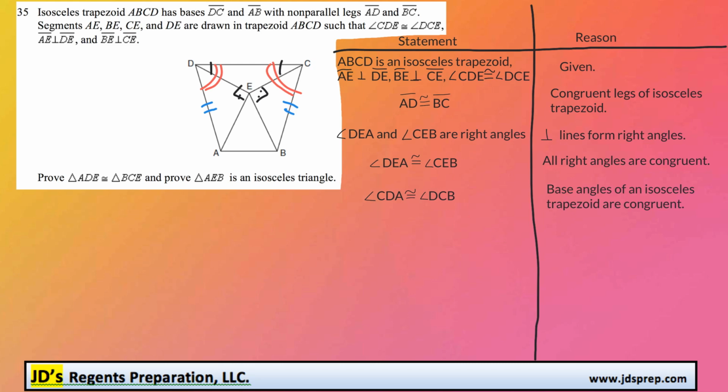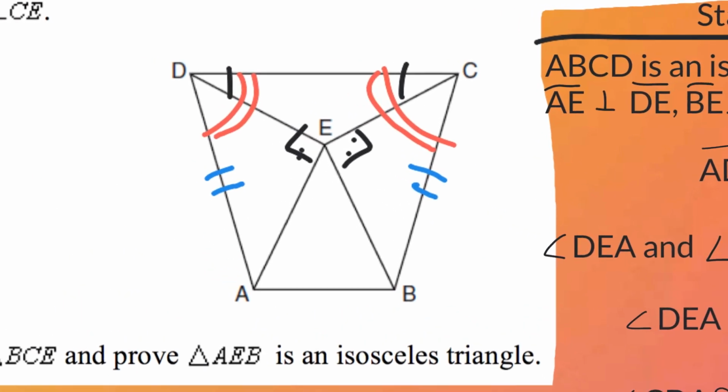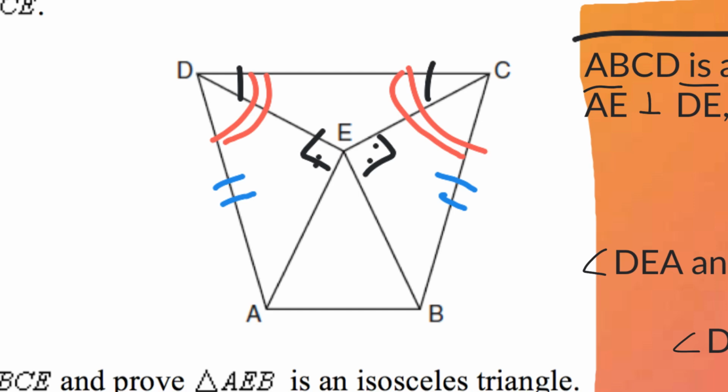Now, the reason saying that information is useful is because we're trying to show that, here, let me pick a different color, this angle here and this angle here are equal or congruent. And we can do that by some subtracting. So if we take this red angle and subtract the black one, you would get this purple angle. And you would get the exact same angle on both the left and the right side here. Again, by taking the red angle and subtracting the black angle, you get the purple one.